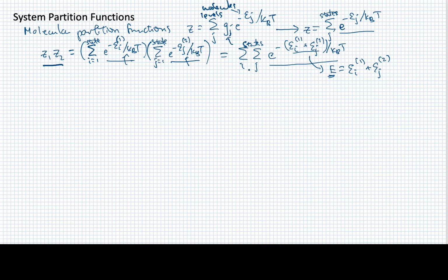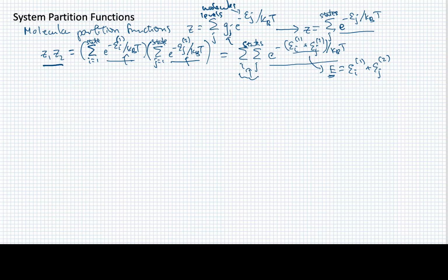Now what about the sum over states? Well, if I'm summing over all the possible states that each molecule could have, that's really the same as summing over all the possible states of this system of two molecules. So I've basically taken care of that with this double summation. If I want to convert this to a summation over system states, these two summations will cover my basis for that.